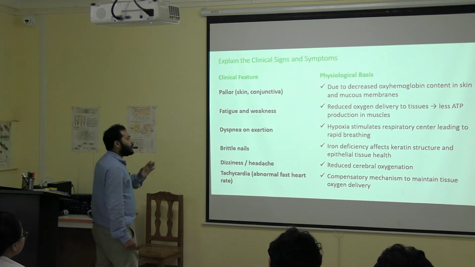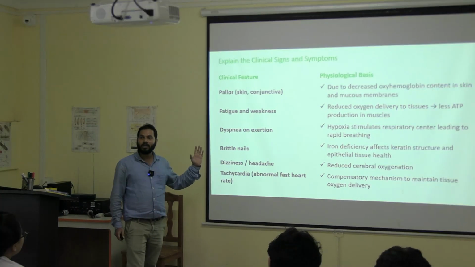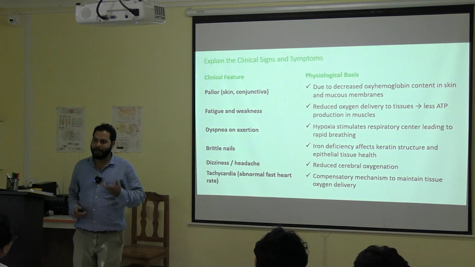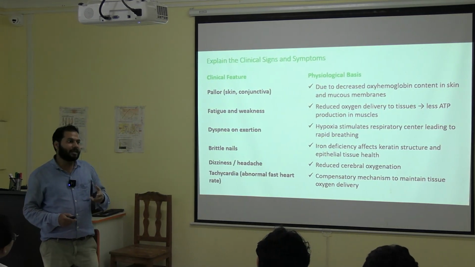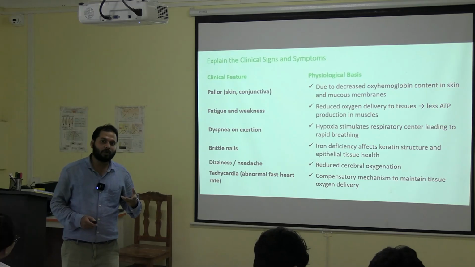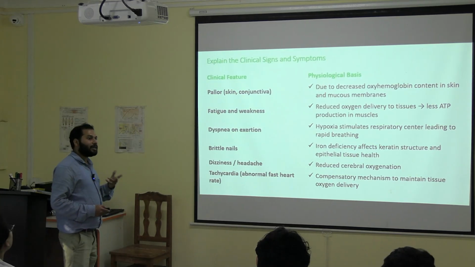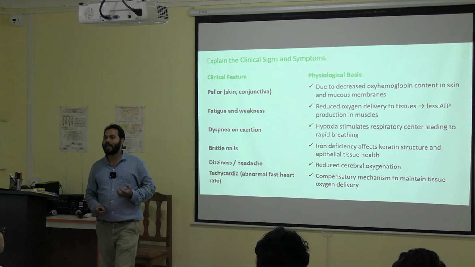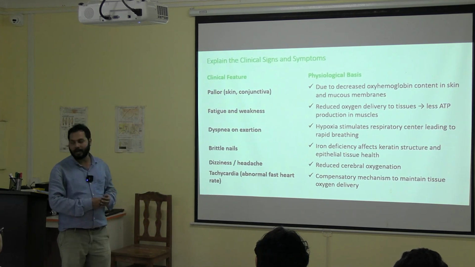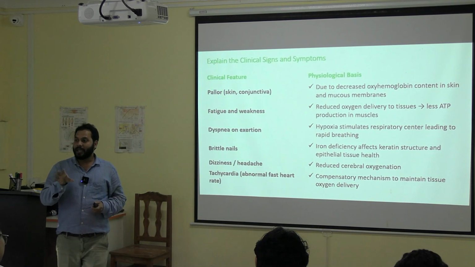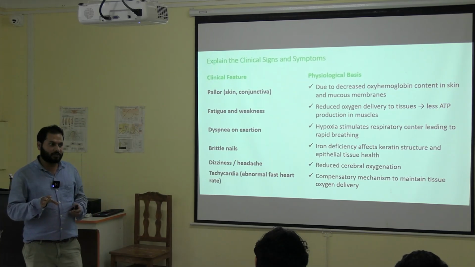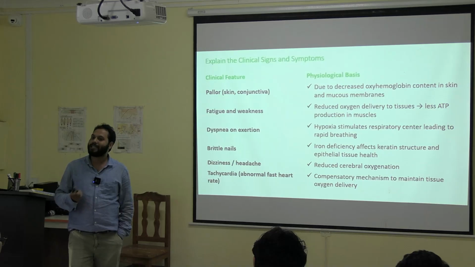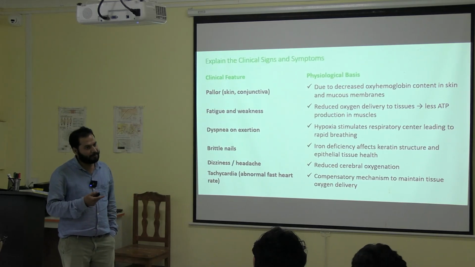Now, in these conditions we have a compensatory mechanism, and due to that we can see other changes like tachycardia, that is an abnormally fast heart rate. That is actually a compensatory mechanism that maintains a sufficient amount of oxygen at the tissue or cellular level.